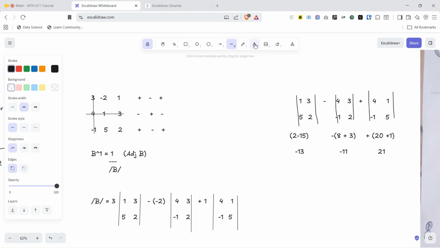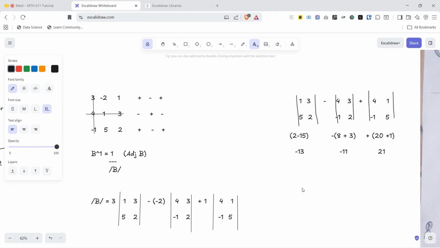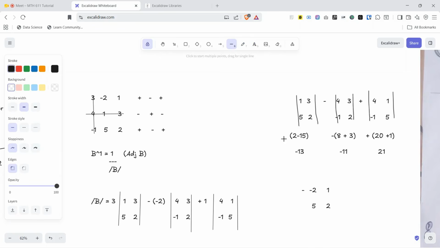So our first value is minus 2, 1, 5, 2. But remember that this is minus plus minus, so it means this would have a minus outside.